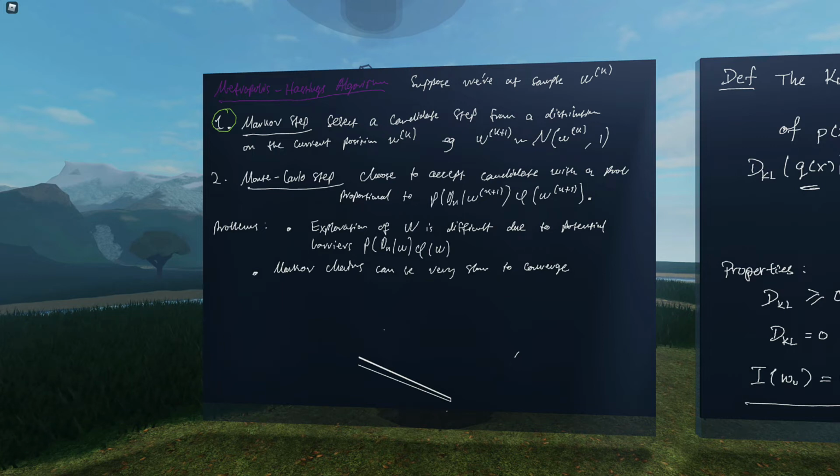So that brings us to the fix, which is Hamiltonian Monte Carlo.